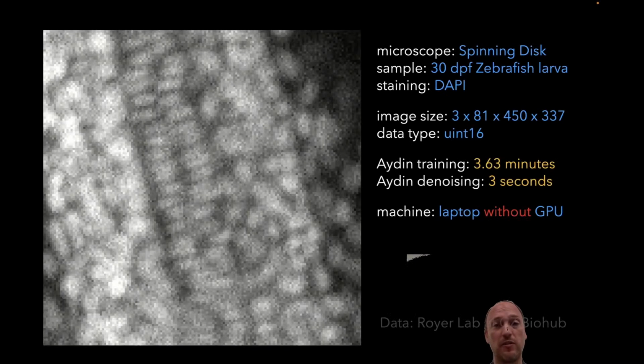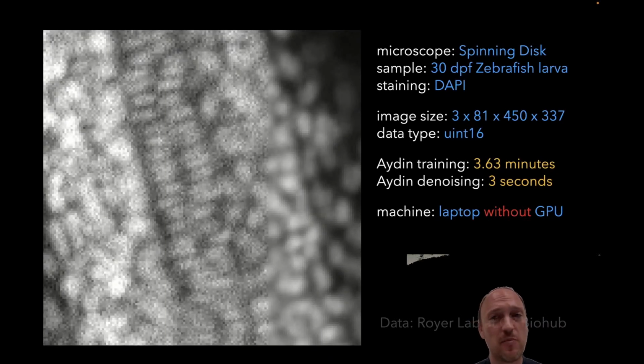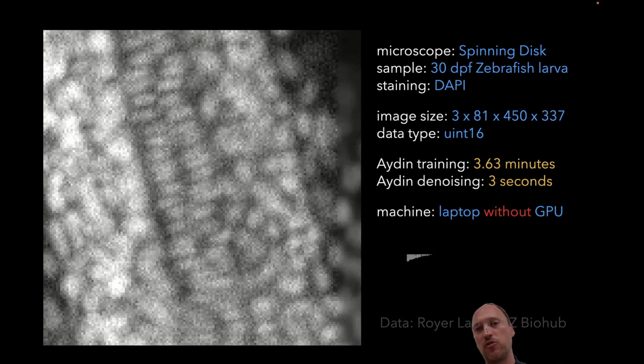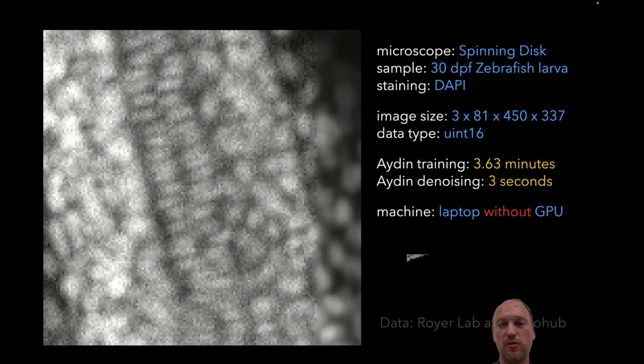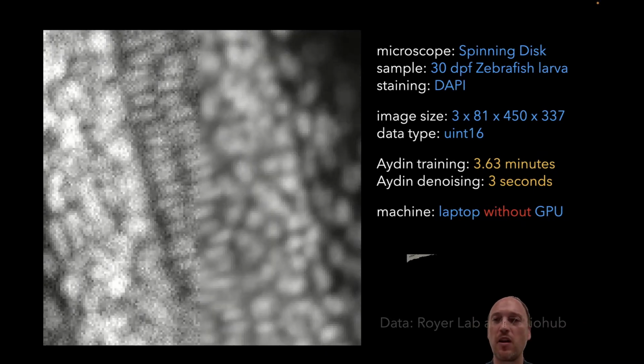Aydin is fast, as I've said, and so we have some more examples here. Here is an example image. These are 30 dpf zebrafish larvae, stained in Stapi. We imaged that with a spinning disk. This was acquired by Shruti and Vijay Kurmer and Merlin Lange in my team.